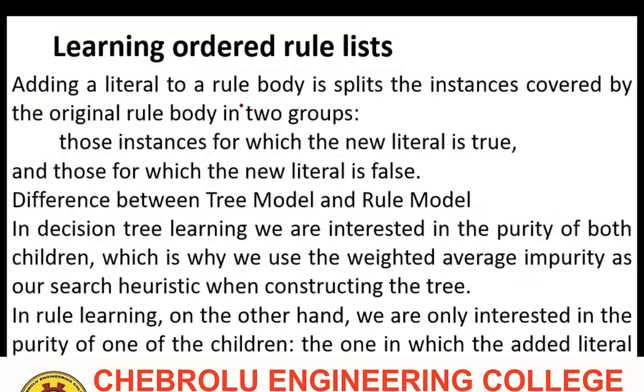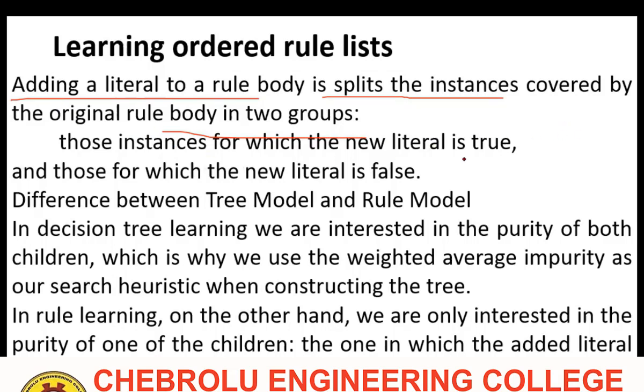Adding a literal to a rule body is nothing but splitting the instances covered by the original rule. It forms two groups. Adding a literal to a rule body definitely splits the instances covered by the original rule body into two groups.